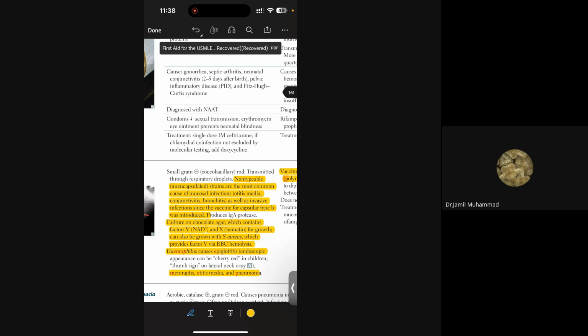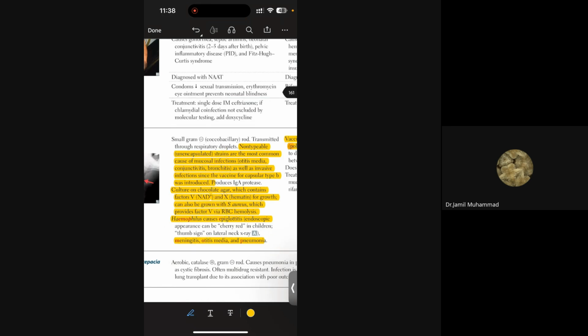If the person is vaccinated, then the infection will be due to unencapsulated strains, which are less lethal. But our patient is not vaccinated, so he will be getting infection from an encapsulated strain, which is much more lethal.